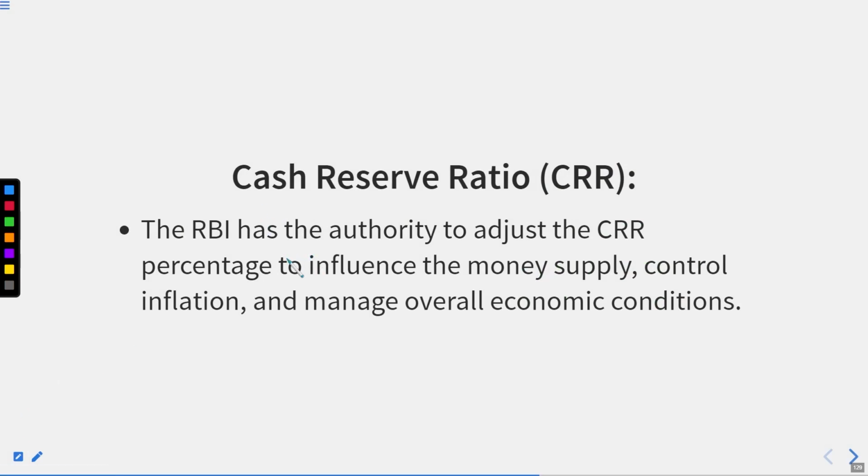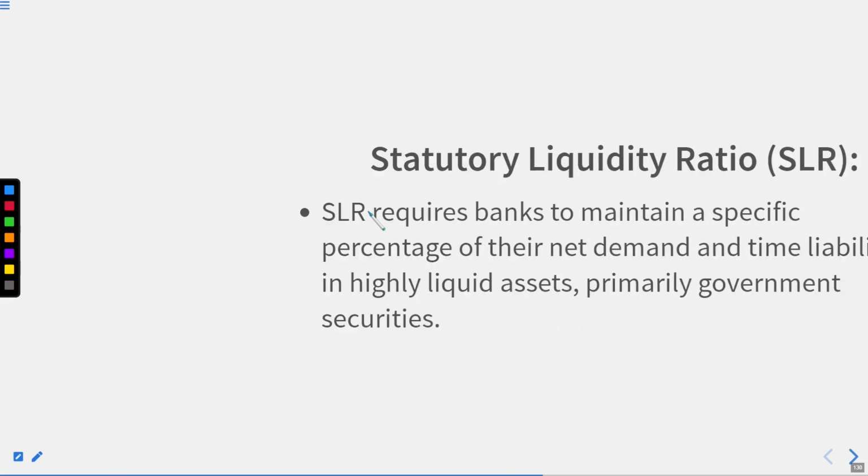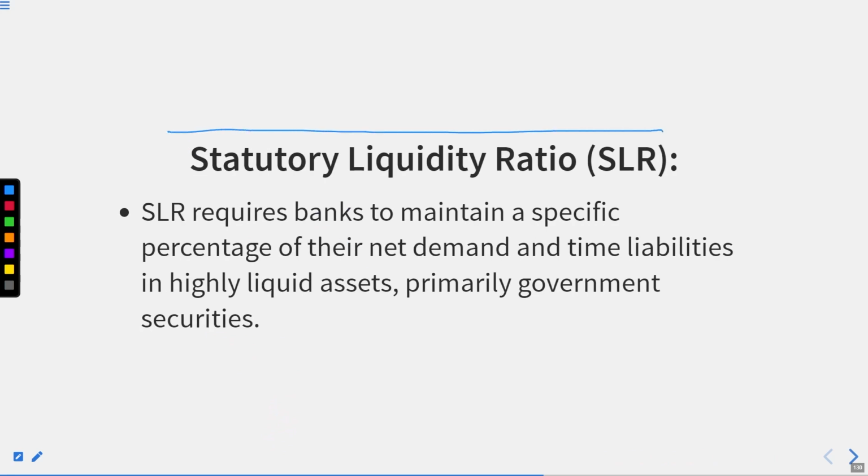And that's why the Reserve Bank of India has the authority to adjust the CRR percentage to influence the money supply, control inflation, and manage overall economic conditions. All right. Now let's move forward. The second reserve we have is the statutory liquidity ratio.